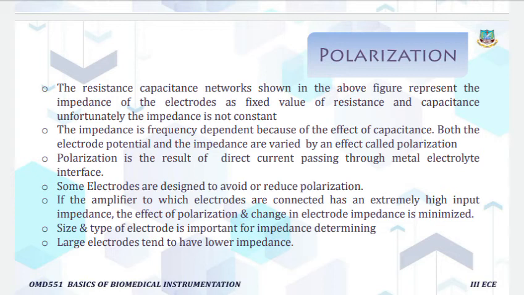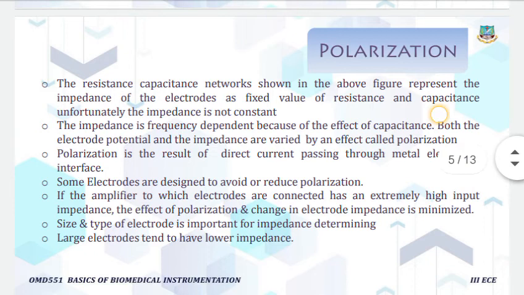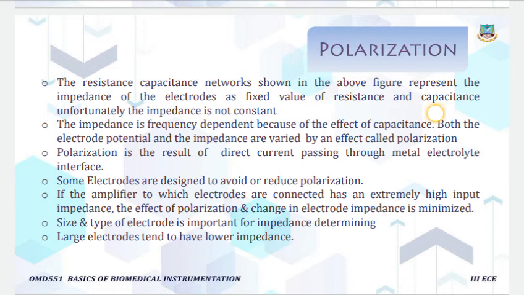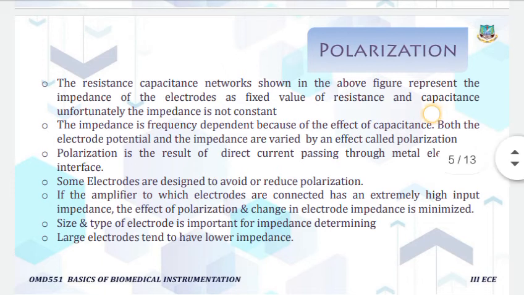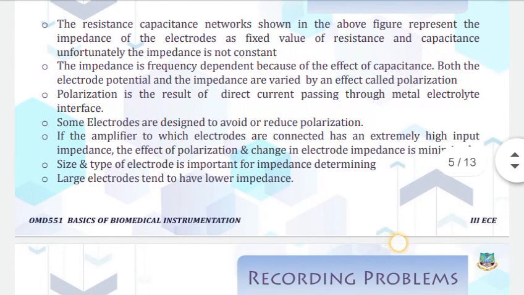We are connecting these electrodes to this amplifier, so if the amplifier has high input impedance, the effect of polarization and the change in electrode impedance is minimized. The size and type of the electrode is important for determining the impedance. Large electrodes have low impedance and small electrodes have high impedance. These all come under polarization.